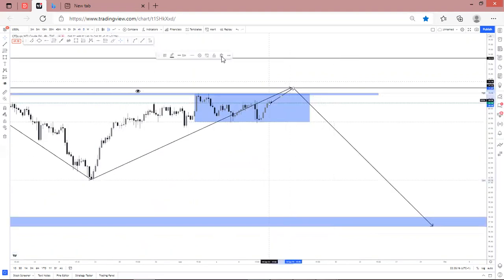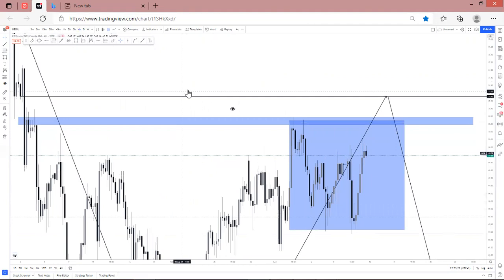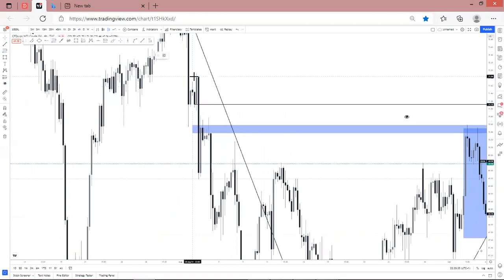And you know, price usually comes to either the opening of the order block or the 50%. So we are not solely going to be relying on the opening of this order block, we are going to mark out the 50% also.